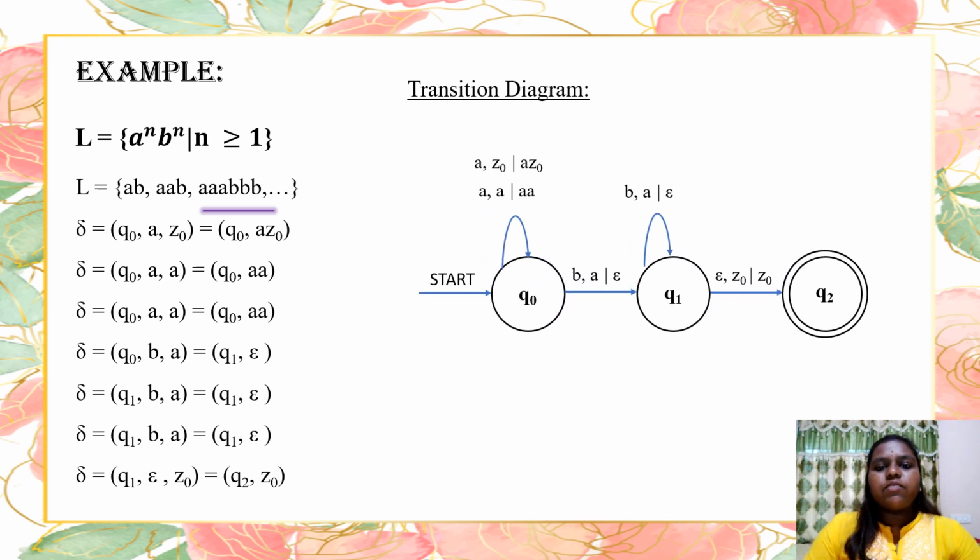The transition diagram is like this. We start, then we have q naught, q1 and q2. q2 is the final state.